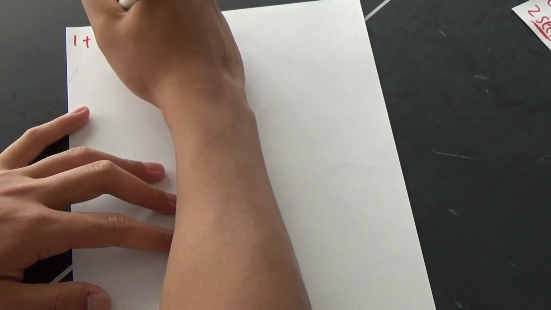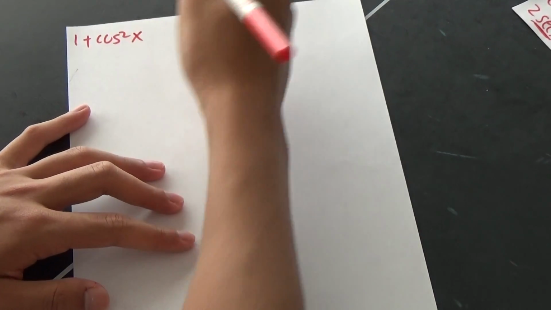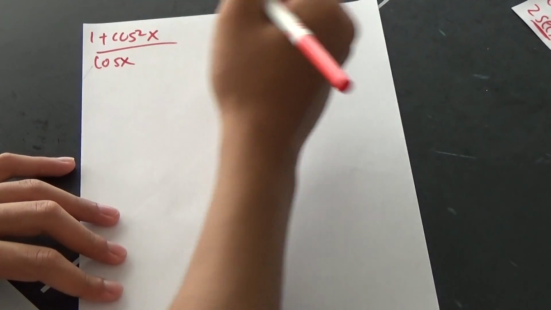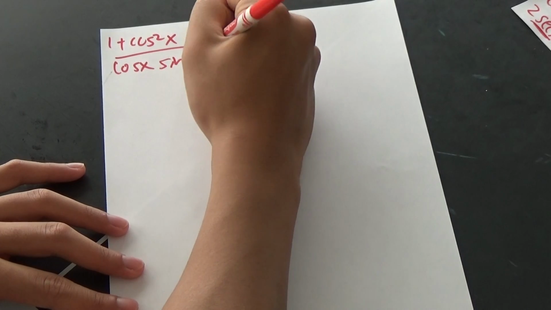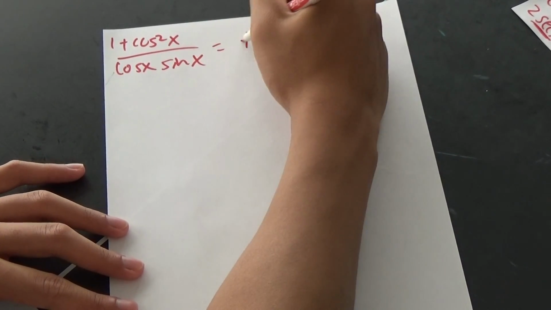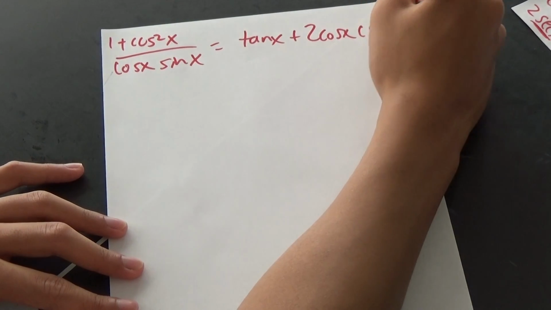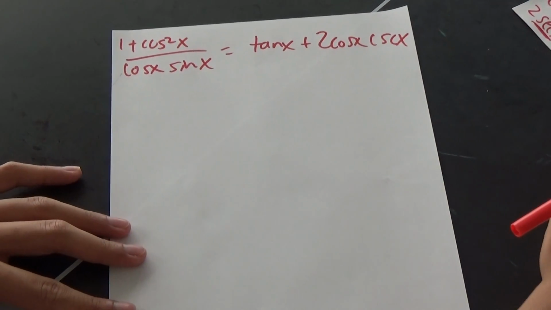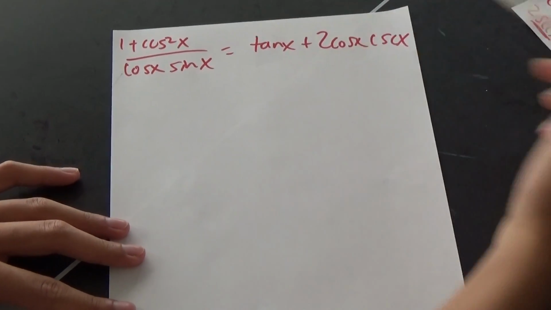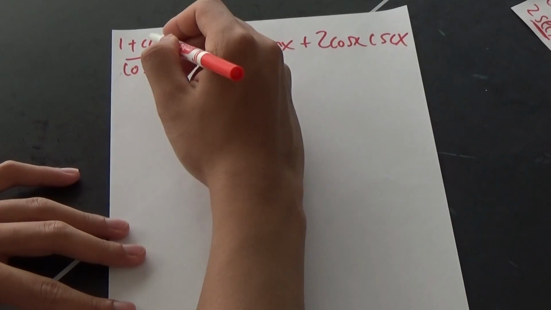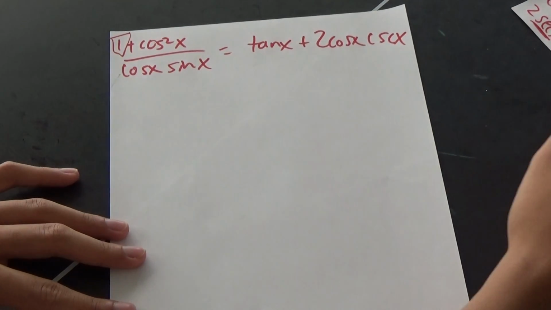So going back to that step, it was 1 plus cosine squared x all over cosine x sine x equals tangent x plus 2 cosine x cosecant x. Alright, you may not have seen it, but our second option here is to manipulate the 1, alright?